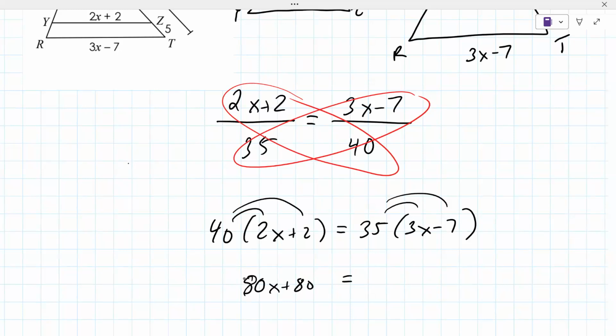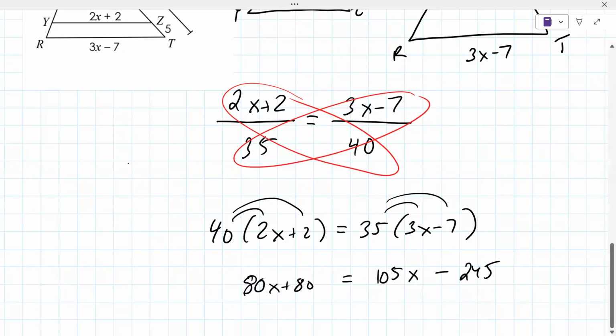35 times 3 equals 105x minus 245. Okay, very good.